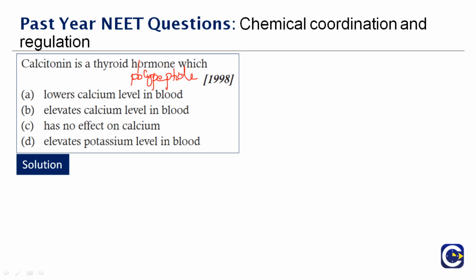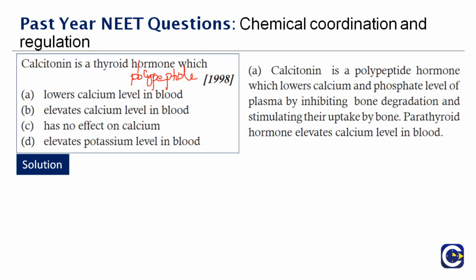Parathyroid hormone elevates the calcium level in blood. So calcitonin lowers the calcium level in blood, while parathyroid will enhance the level of calcium. Therefore, the right answer is option A.